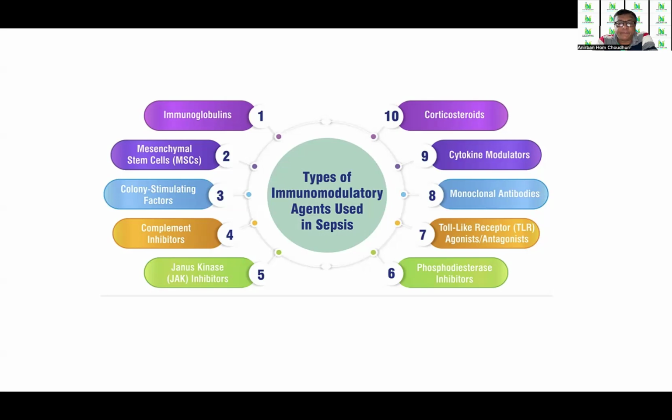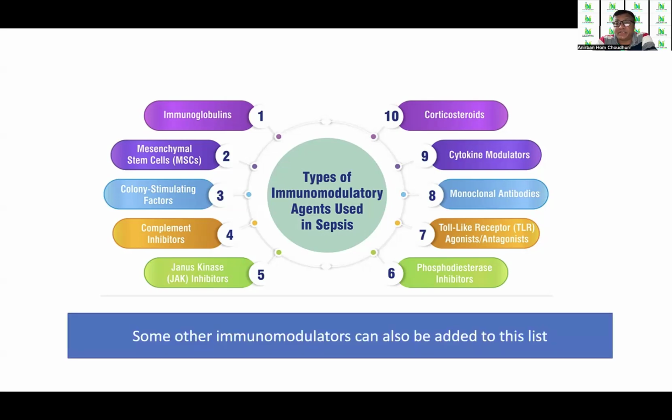Now, among them, if you see, only two or three therapies have been found to be useful in a good number of diverse studies in multiple clinical settings. Otherwise, many of these have been found to be useful in very limited scenarios. So some other immunomodulators can also be added to that list, including Fab antibodies.